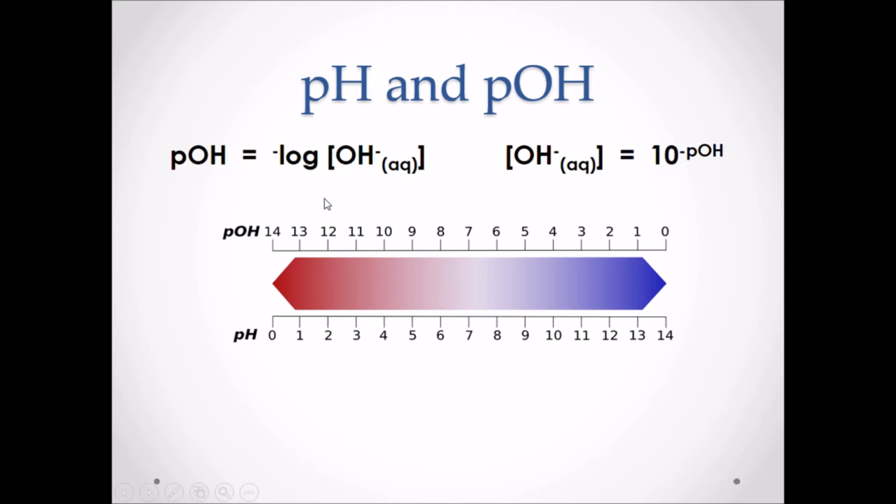When we work with weak bases at equilibrium, the concentrations of OH minus in both equations represent the equilibrium concentrations.